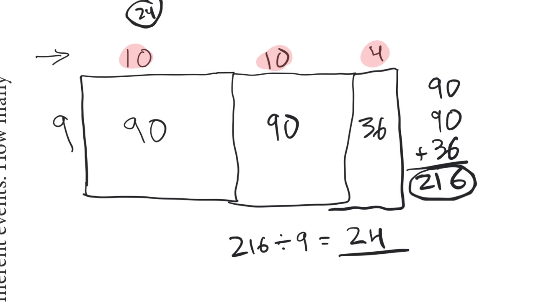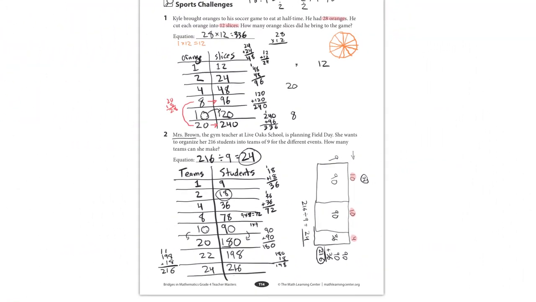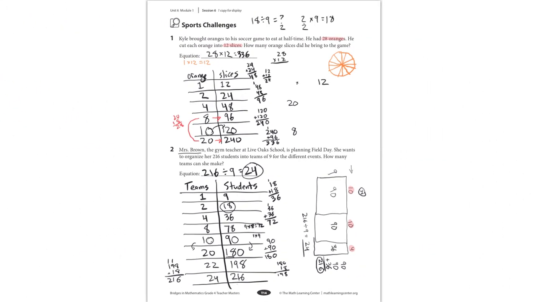Okay? I hope that you can see how multiplication and division are related, because you need to know your ratios, or what times what is what, so that you can potentially figure out what your quotient is using the left side of a ratio table.